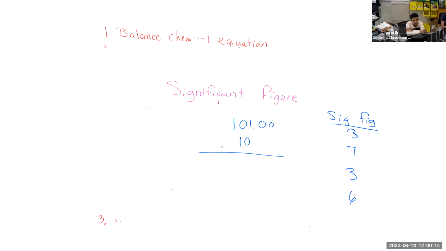So here, how many sig figs left? Top, right? Oh, yeah, that's 5. So we have 5 sig figs: 1, 2, 3, 4, 5. Now, the second number, how many sig figs left? I have one sig fig, right?